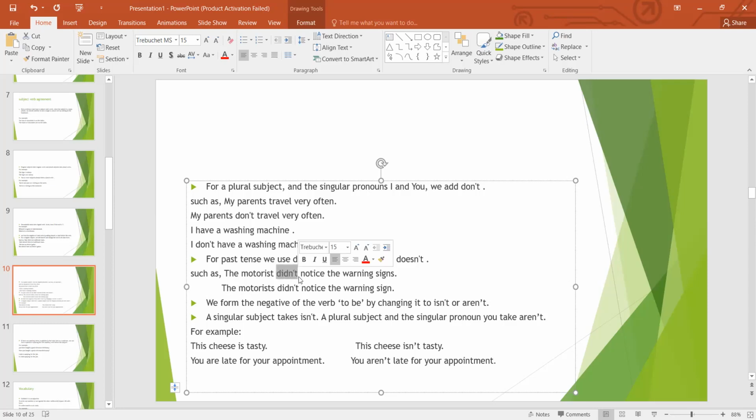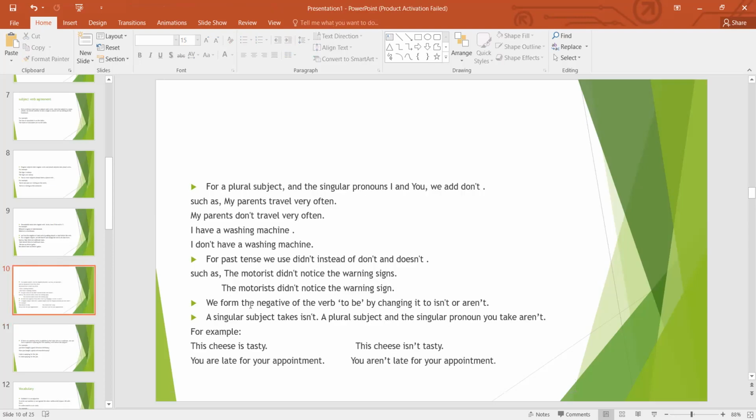Didn't means we talk about past tense. The motorist didn't notice. So in the past tense, whether the subject is singular or plural, we always use didn't. But in the present form, we use don't and doesn't.